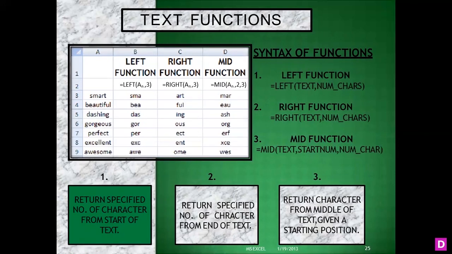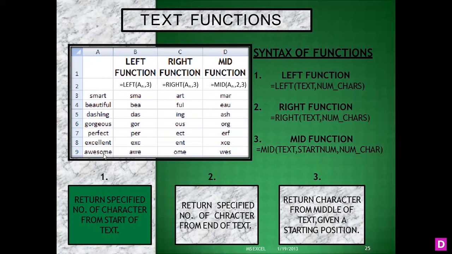What do you mean by the LEFT, RIGHT, and MID functionality? LEFT functionality gives SMA. RIGHT functionality gives ART; in the right, we find the 3 characters, ART. MID functionality is what? The middle of this value is called MID functionality.